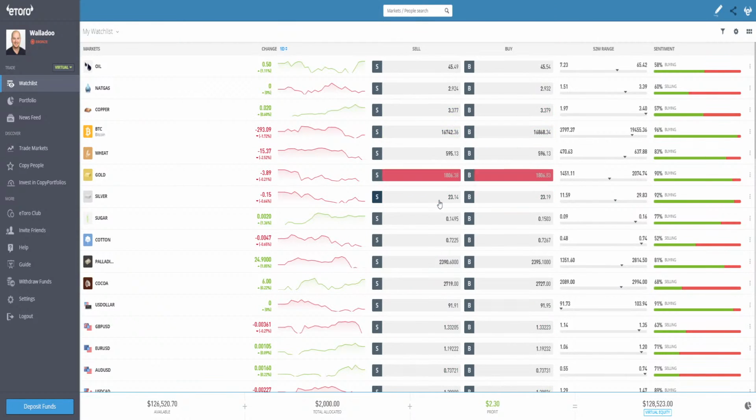In other professional platforms, for example TC2000, you can click one button to buy and another to sell, and it does that instantly. Here you have to do all kinds of things to execute your trade. Mainly, you have to click several times, and sometimes it's also very buggy.